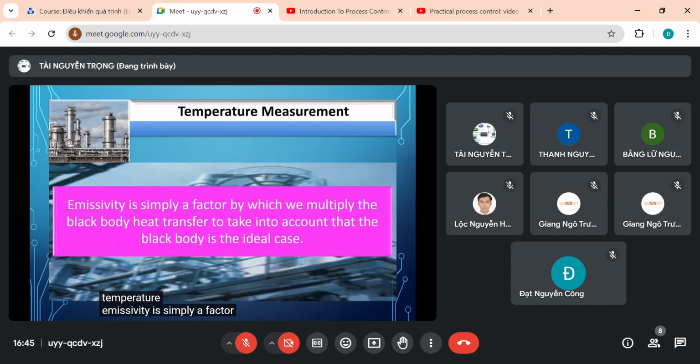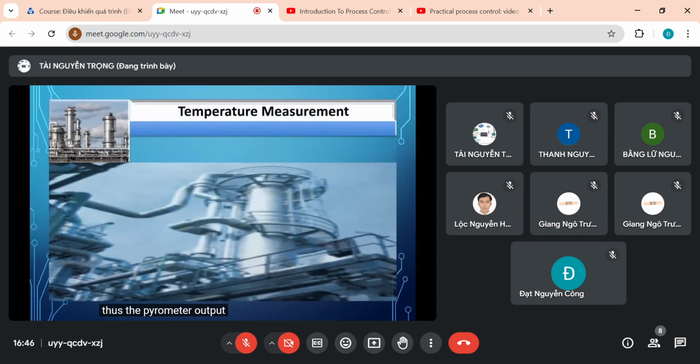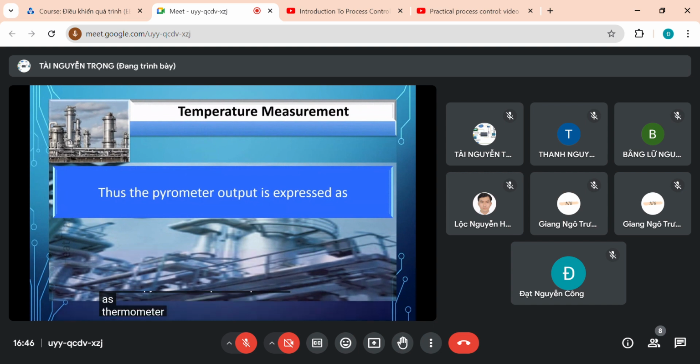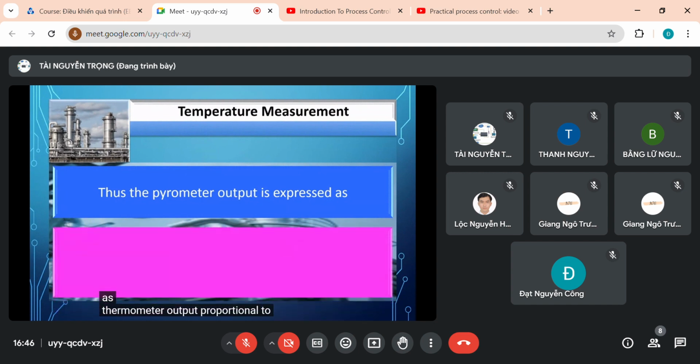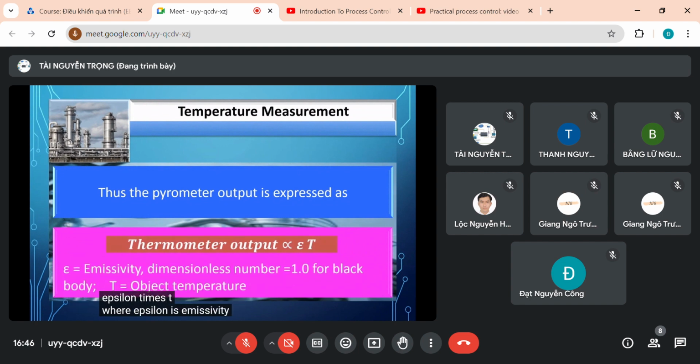Emissivity is simply a factor by which we multiply the black body heat transfer to take into account that the black body is the ideal case. Thus, the pyrometer output is expressed as thermometer output proportional to epsilon times T, where epsilon is emissivity. The dimensionless number is equal to 1 for a black body. T is the object temperature.